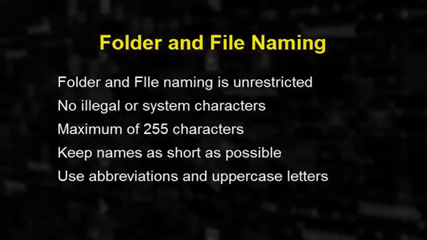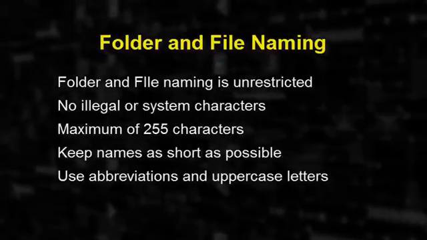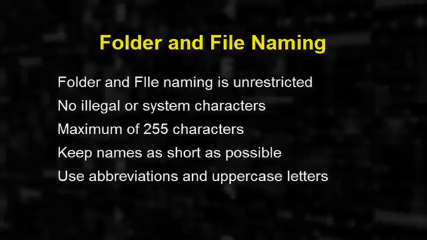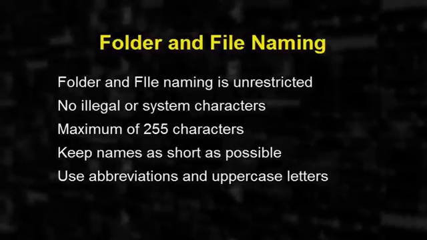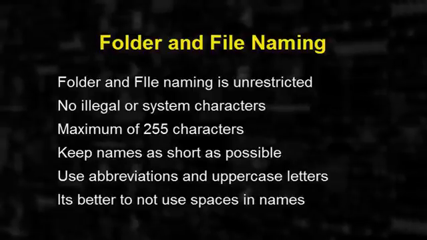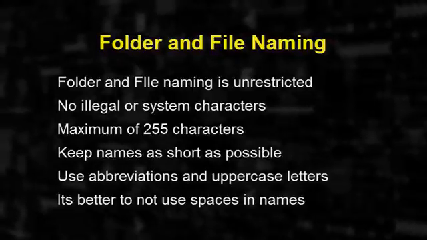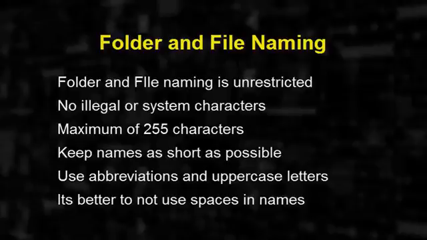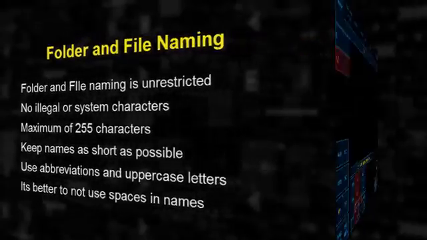So the bottom line? Abbreviations and careful use of uppercase letters will help create useful, readable names using a minimum of space. And speaking of space, or spaces, it is highly recommended to not use spaces in any file or folder name because different applications and operating systems treat spaces differently.